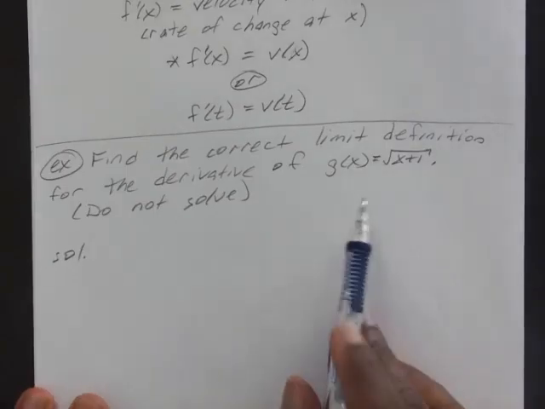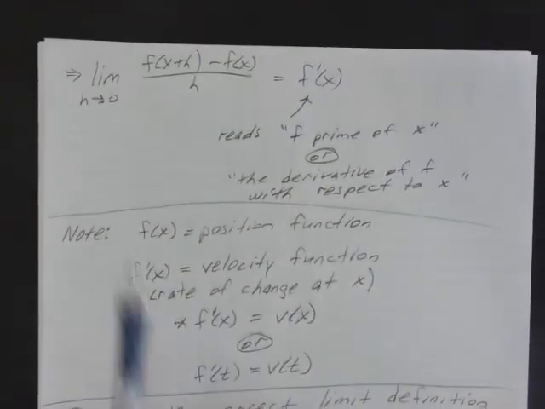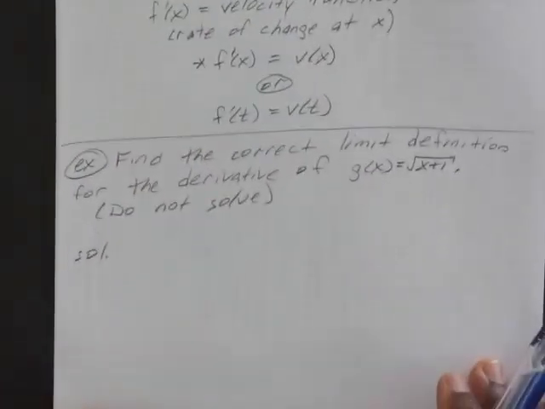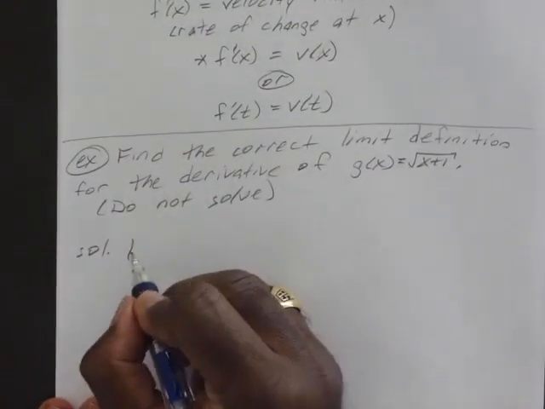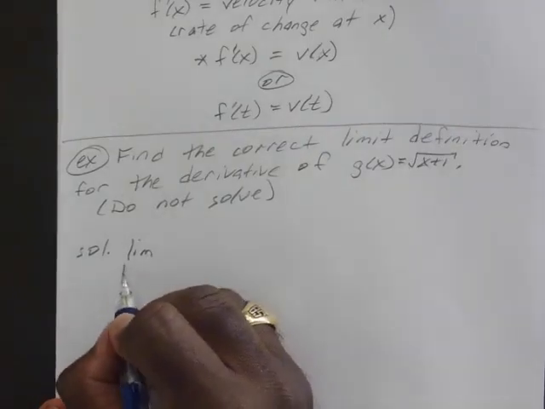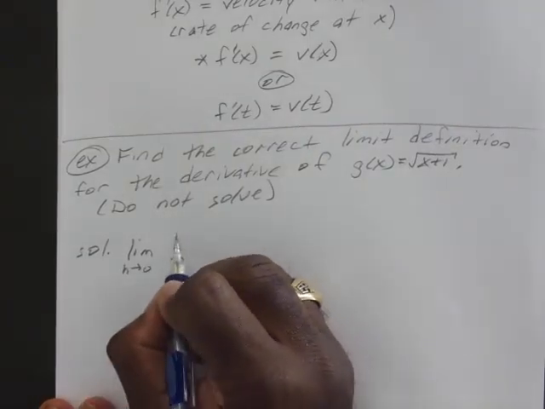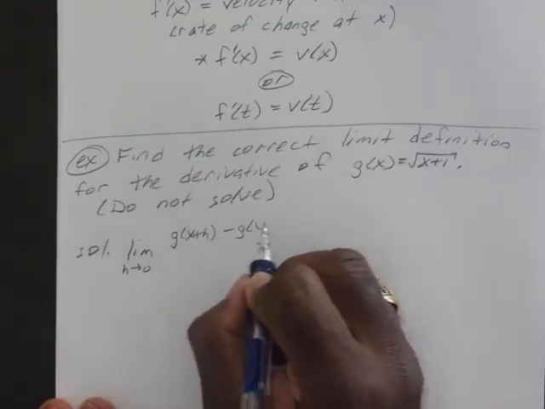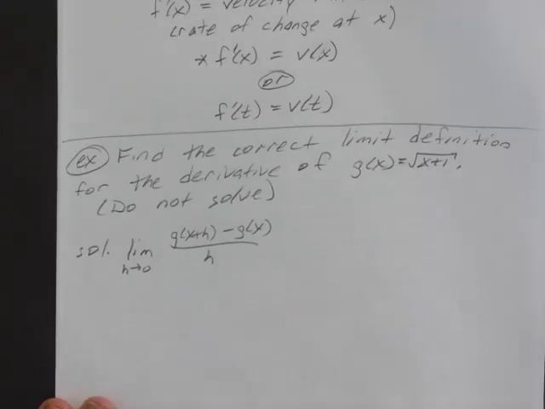Okay. Well, we know the limit definition is just right up here, but instead of f of x, we're going to use g of x. So in this case, it's the limit as h approaches 0 of g of x plus h minus g of x all over h.